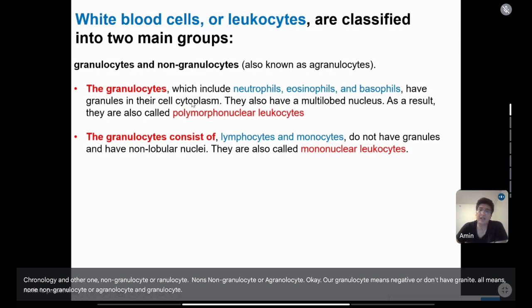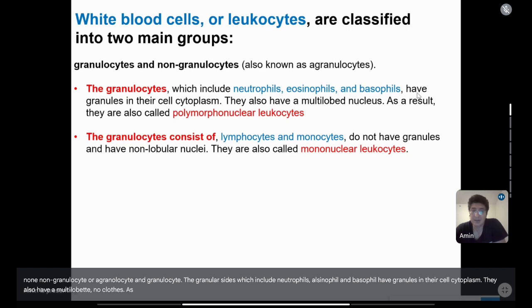The granulocytes, which include neutrophils, eosinophils, and basophils, have granules in their cell cytoplasm. They also have a multi-lobed nucleus.